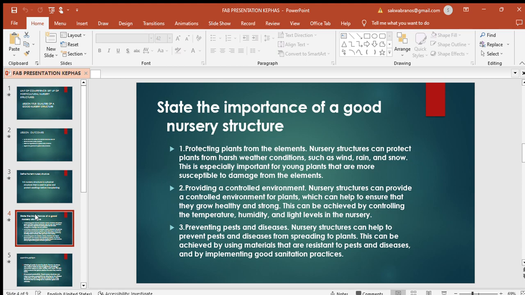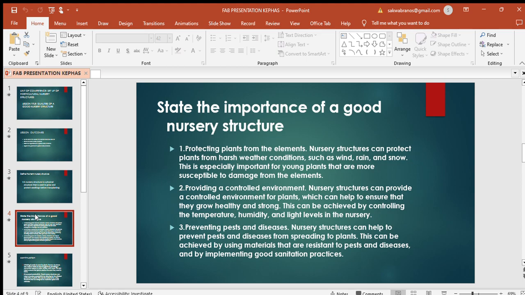For that case, as I mentioned earlier, the seedlings are normally very vulnerable to wind, rain, and snow, and this structure is especially important for young plants that are more susceptible to damage from those elements.